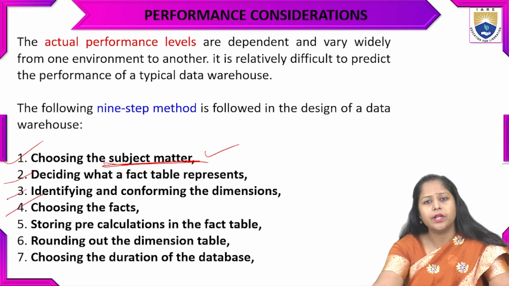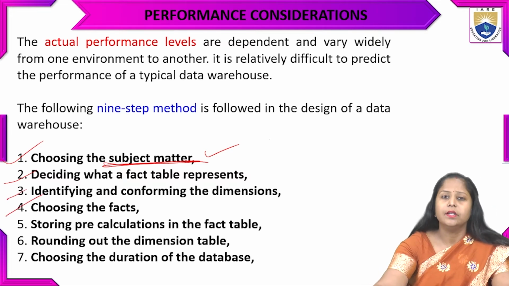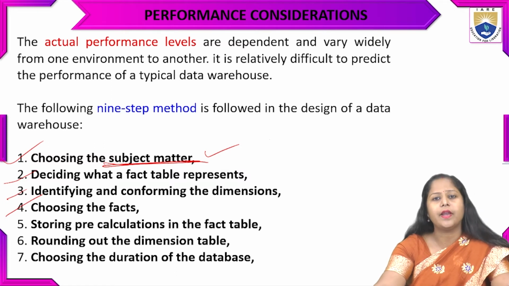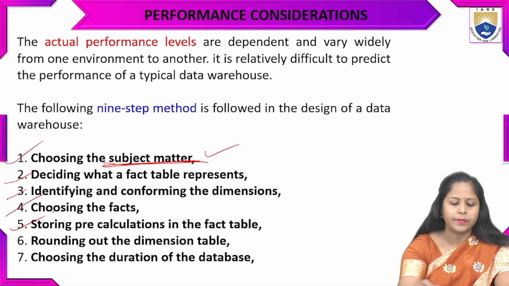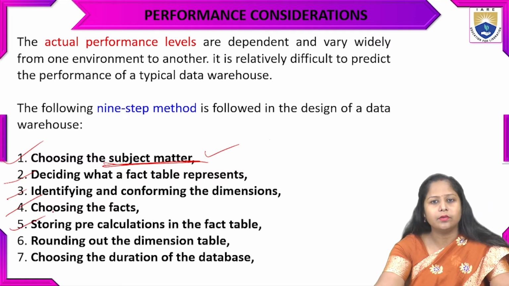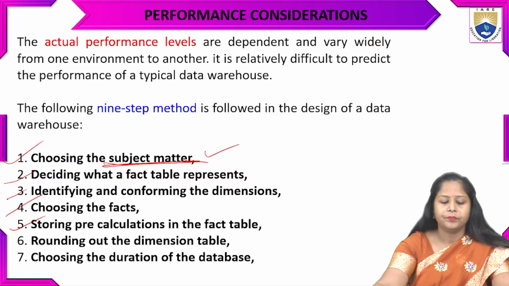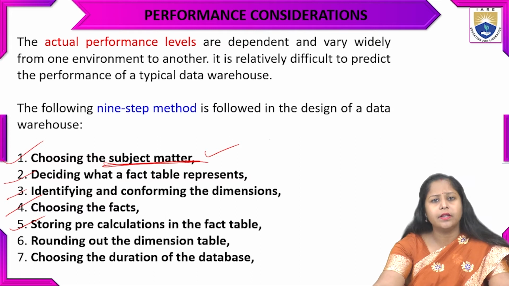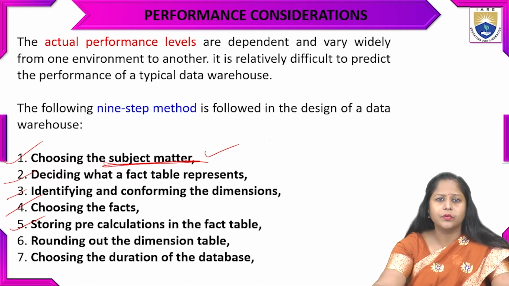Another step is choosing the facts. What are the different facts? What are the different data values? We need to check that. We need to store the calculations in the fact table. So what calculations will be there before we design a data warehouse? We need to calculate that before we design a data warehouse.